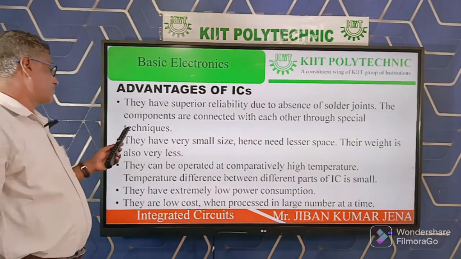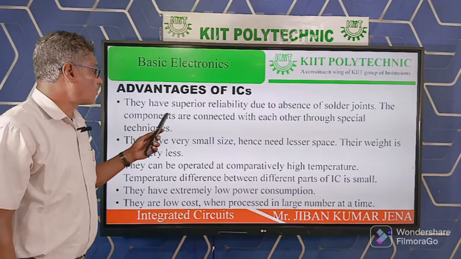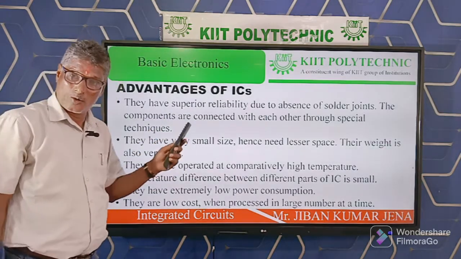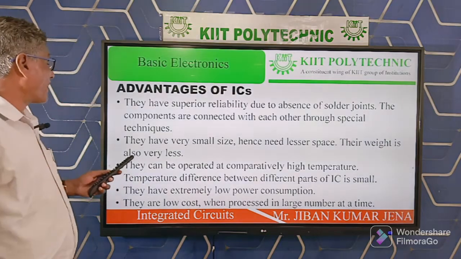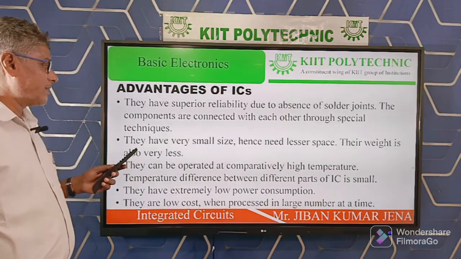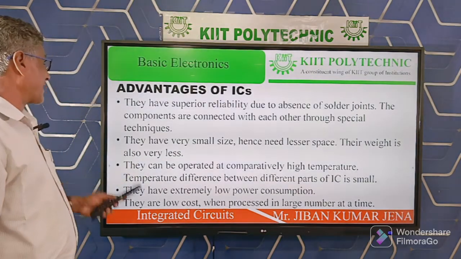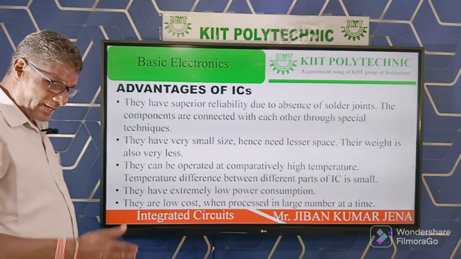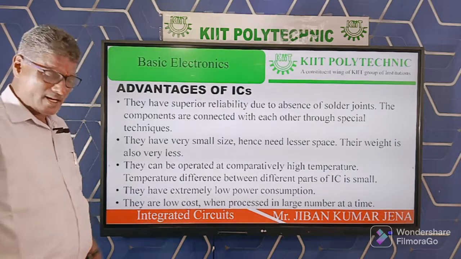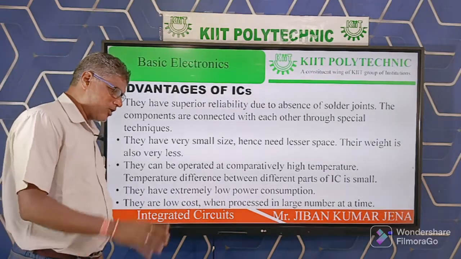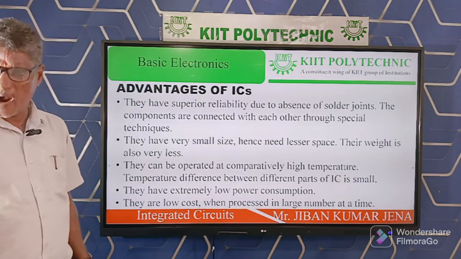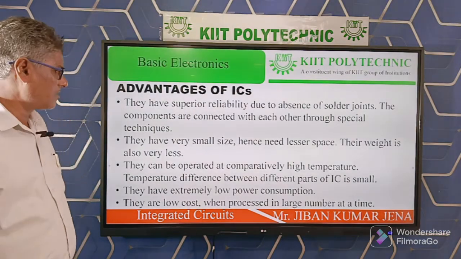First advantage of IC, they have superior reliability due to the absence of solder joints or the soldering process. The components are connected with each other through special techniques. So you will find this a good merit point of IC over your discrete circuit.